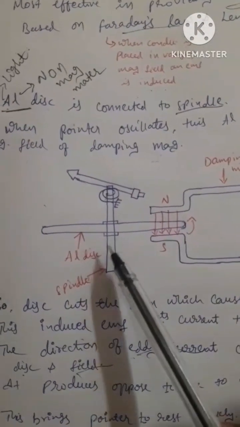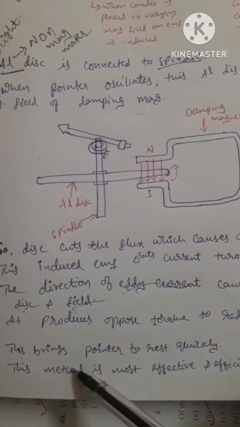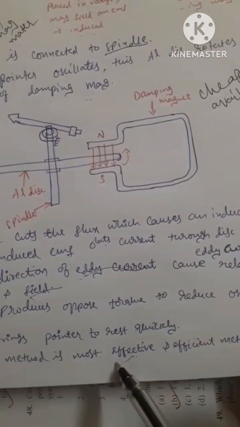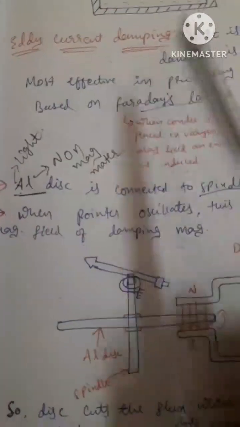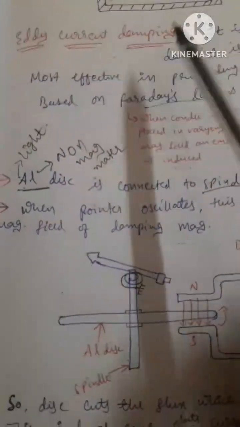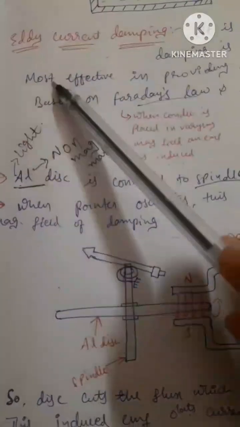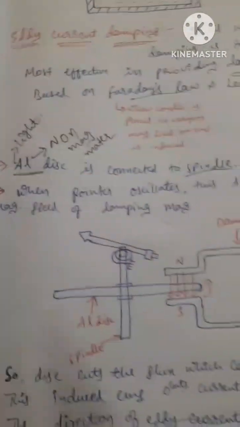To bring the pointer to rest quickly, eddy current damping is the most effective method, and as I said in the beginning, it is mostly used in all instruments. So this is about eddy current damping.